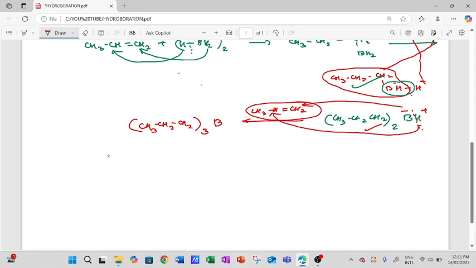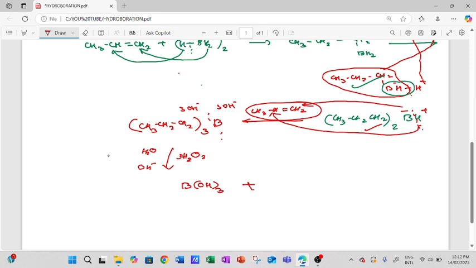Now finally, this product is treated with 3 moles of H2O2, hydrogen peroxide, hydrolysis in basic medium. The bond between CH3, CH2, CH2 thrice and B breaks. 3 OH minus ions are added here, and the same 3 OH minus ions are added to the boron atom, so that boron changes into B(OH) thrice, that is orthoboric acid.